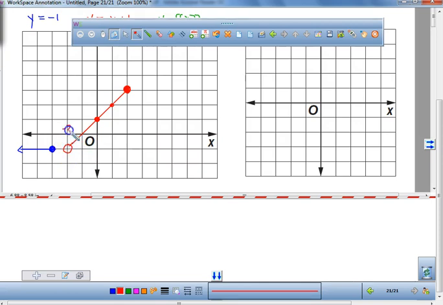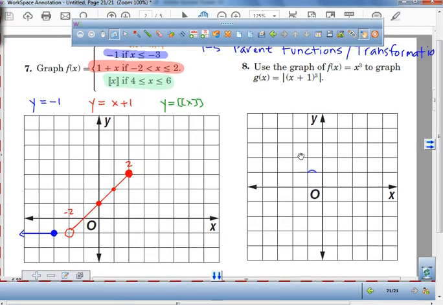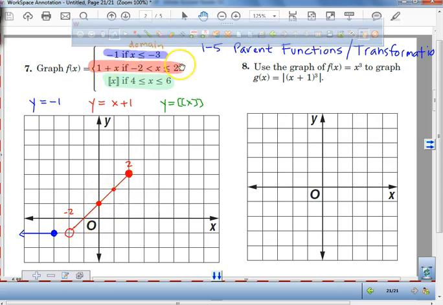So right here, this is where x is -2, this is where x is +2. These are all the points in between, including the +2. There's the equal sign. Okay? Less than or equal to 2, greater than -2. This is the piece of the piecewise function that goes with this red function.